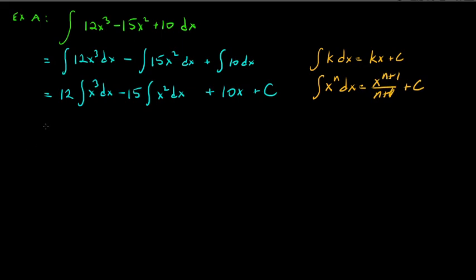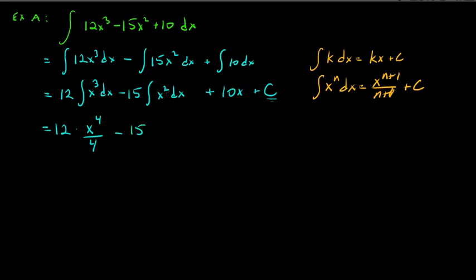So here n is 3. So 3 plus 1 would be 4, right? So this is going to be times x to the 4 divided by 4. Right, plus c, but we already have the c here. If you have, say, c1 plus c2 plus c3, that's just another c. So we already have the constant here, right?